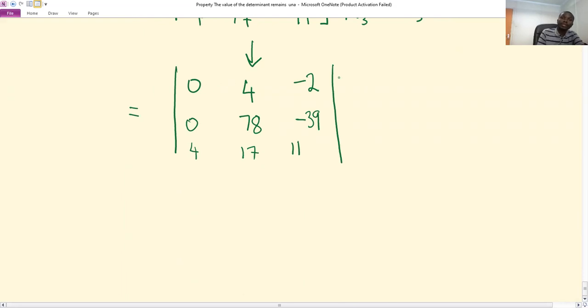Now, you see this first row has a common factor 2. So I can say 2, determinant of 0, 2, minus 1. I keep the other rows.